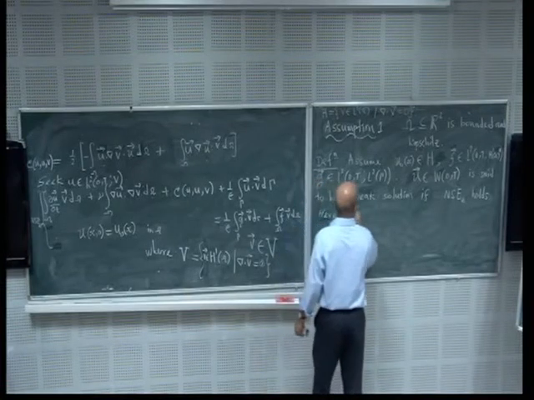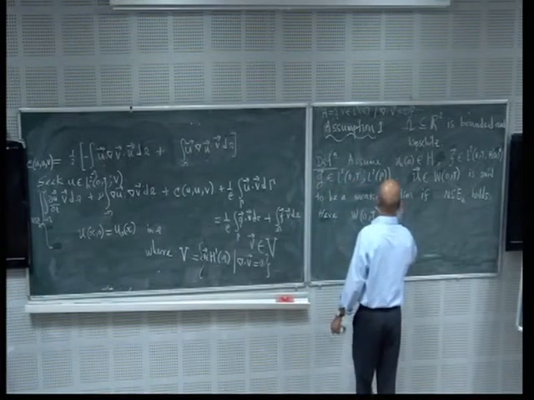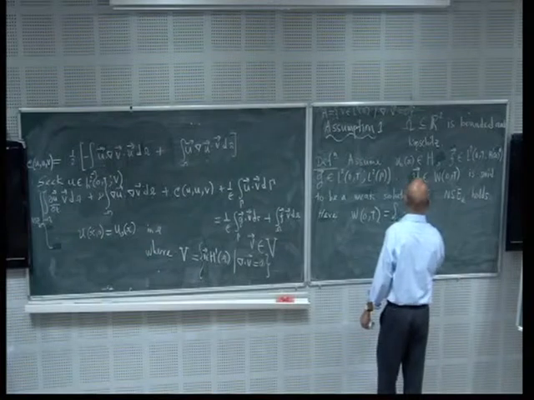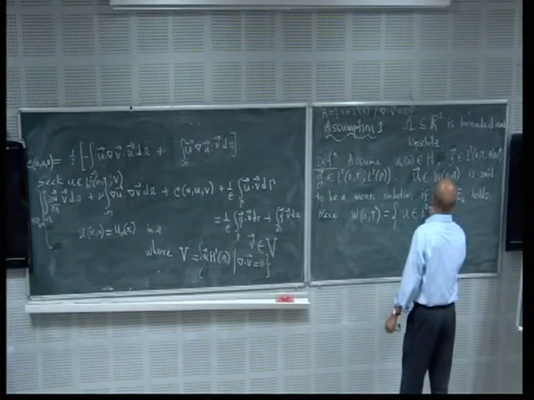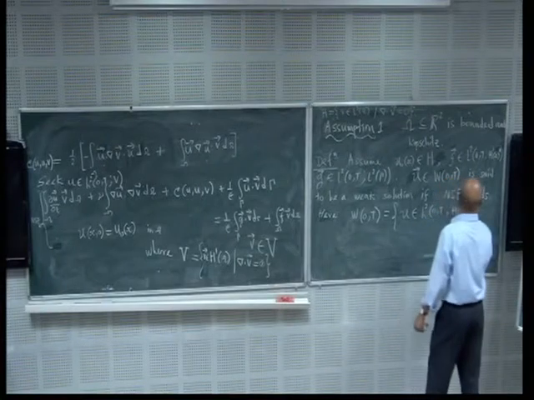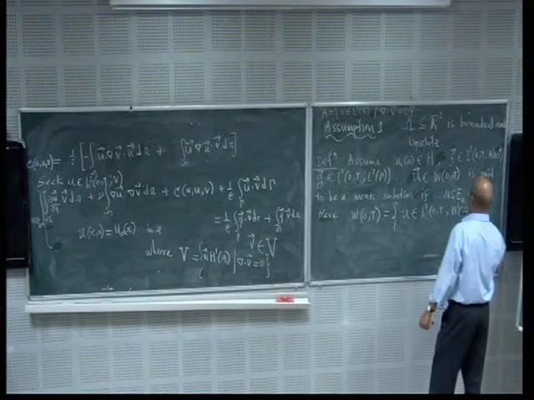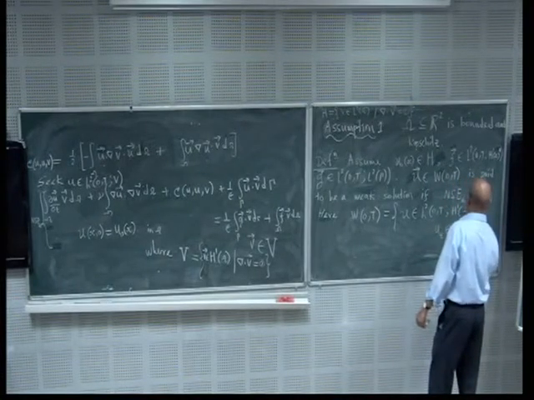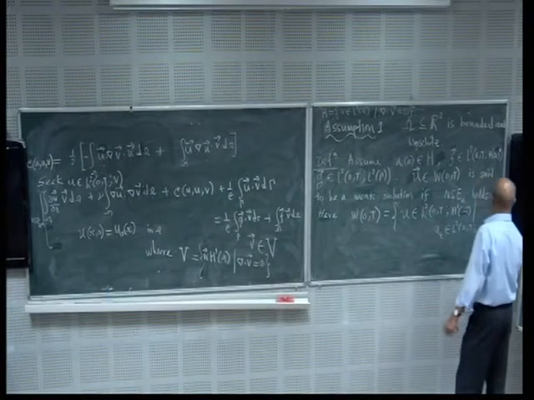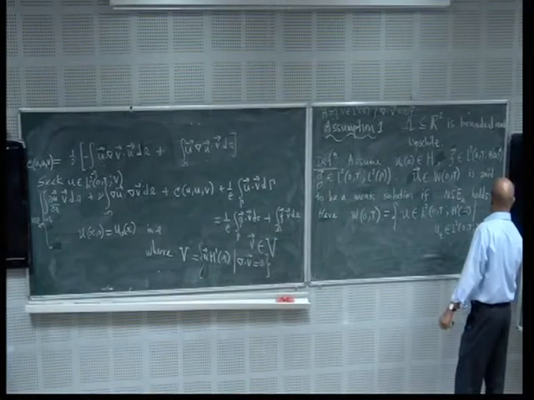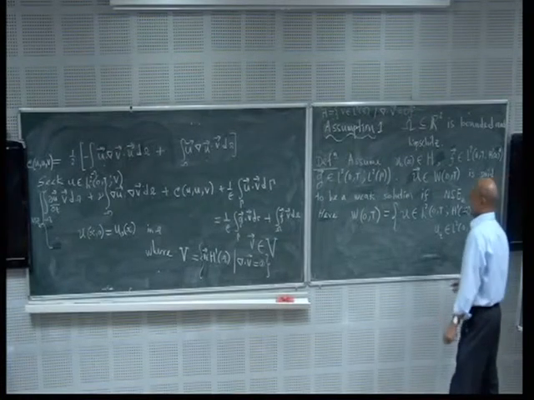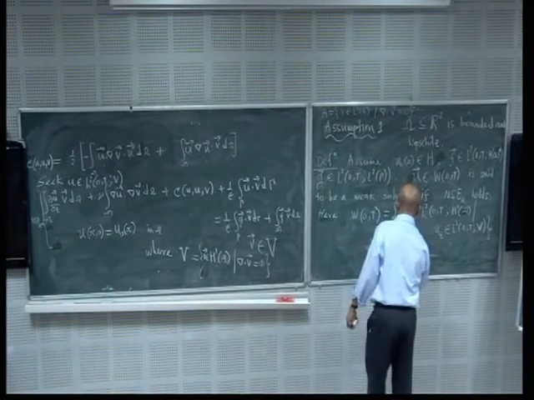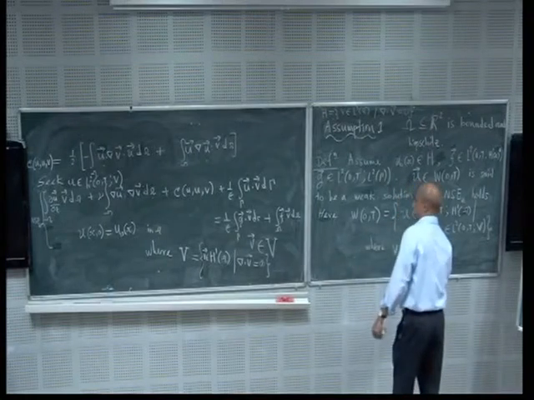Where the function space W0T consists of u belongs to L2(0,T; H1(Omega)) such that the time derivative u_t belongs to L2(0,T; V star). The script V is a traditional V that other people have used.